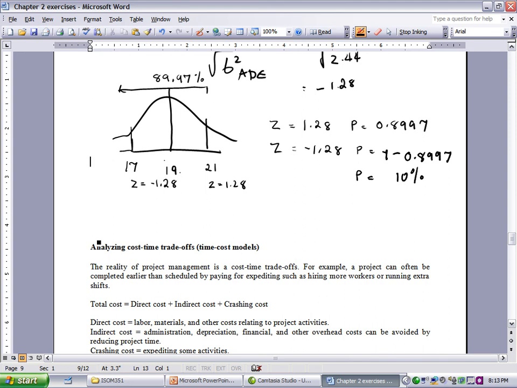In our class we will not discuss the cost and time trade-off, so this section is going to be the last part of this chapter that students should study.